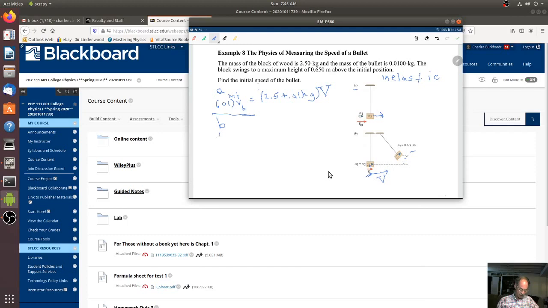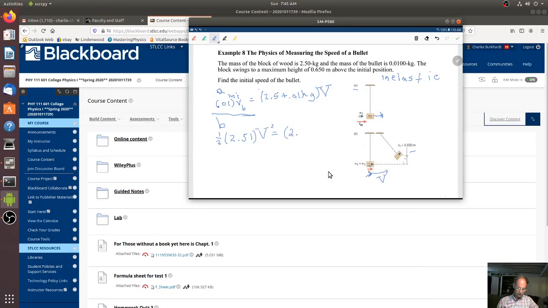So for part B, I'm going to have 1/2 times 2.51, that's the mass of the bullet and block together, 1/2 m times v squared. And that's going to equal the gravitational potential energy finally, which is going to be mgy.